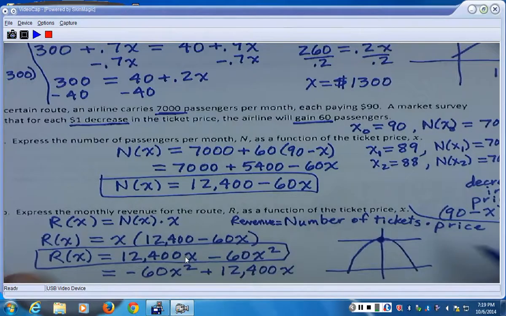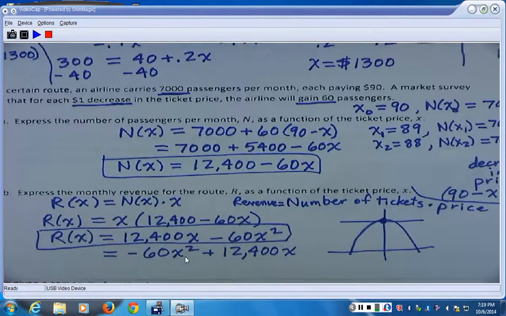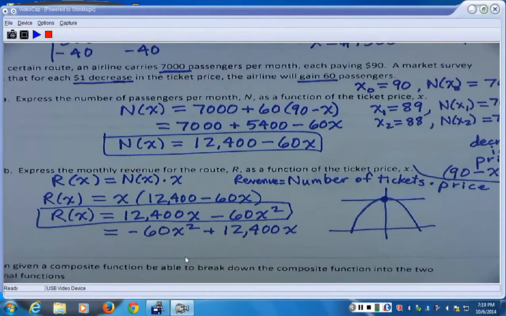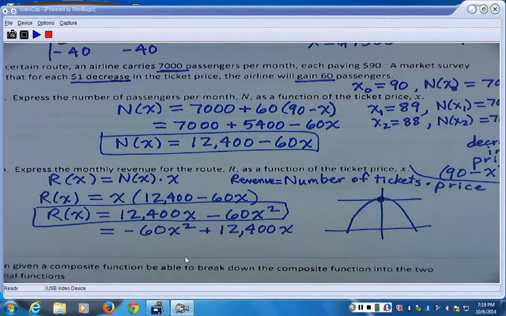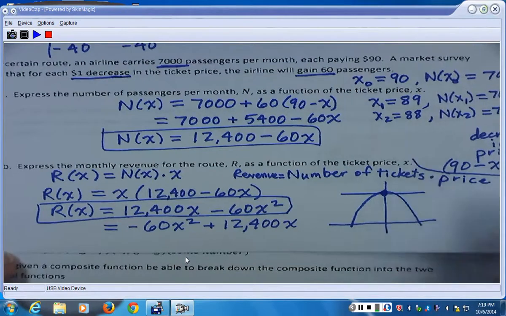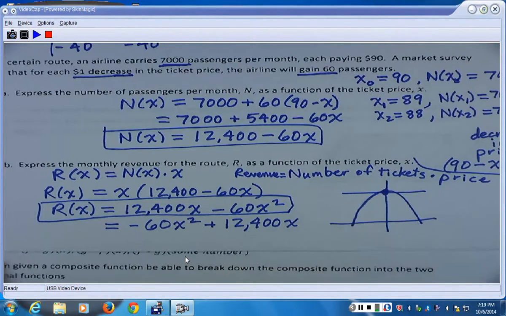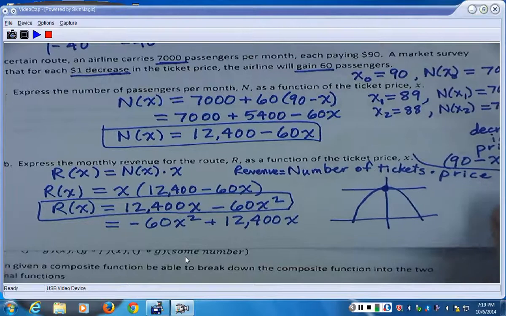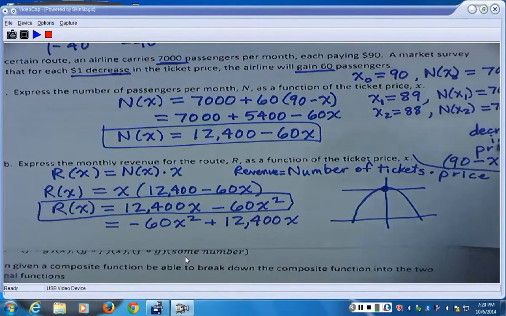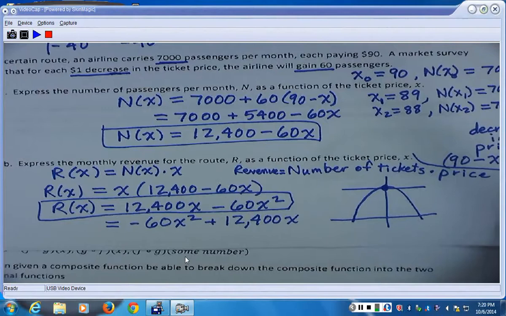You've got negative 60x and 12,400. But anyway, that's just drawing some pictures. Sometimes it helps to draw some pictures. But we're not having to set anything equal in this example, so the picture really didn't help, except that we maximize the revenue right up there. That would be the maximum. Now that would make sense.